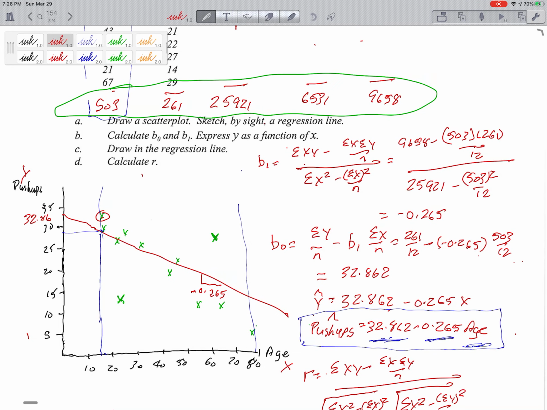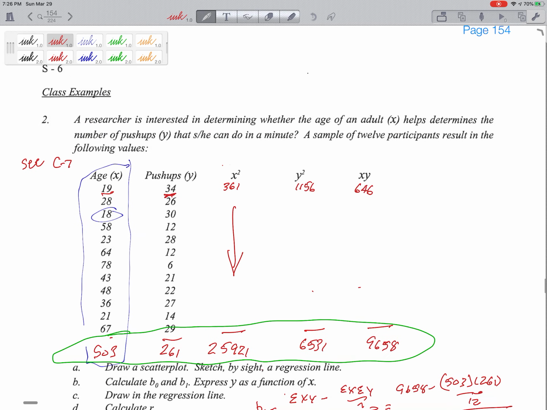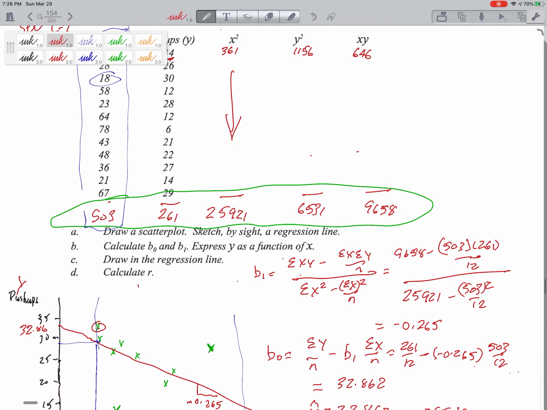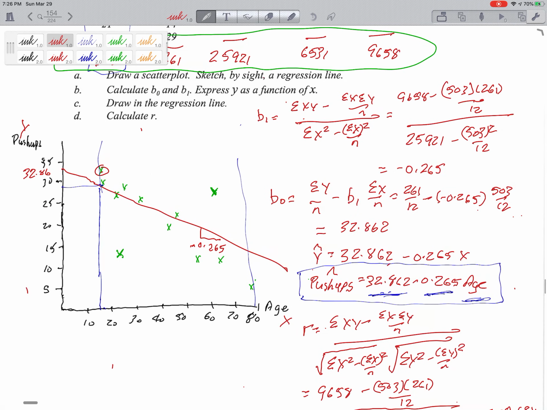Actually, we were first introduced to it on page C7 in Unit C. But here's where we plotted this thing out on page S6, right, page 154. And here's the two guys that I want us to focus on, this guy and this guy. If you take a look at the residuals, remember that's the distance from the x value to the regression line. They're really high. You can see that those are outliers.